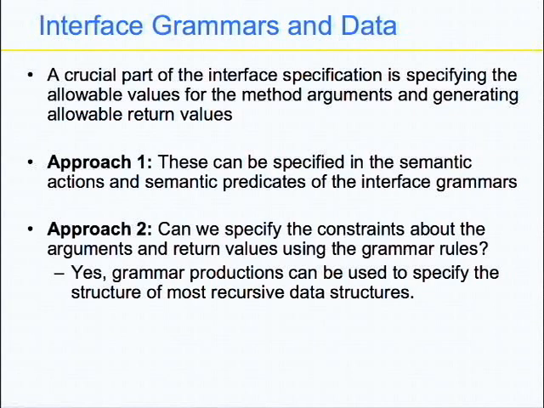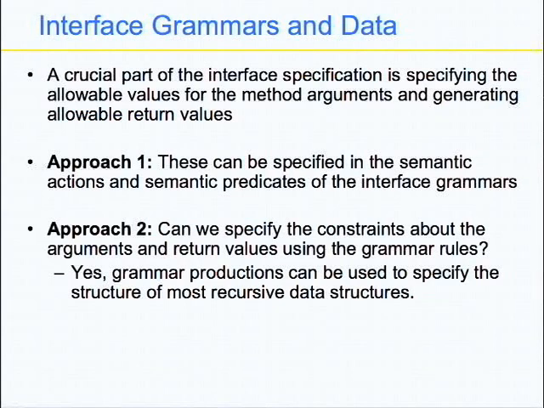Another part of this is something that I won't get into. You can throw all the data manipulation, all the issues about the arguments and data structures, to semantic actions and predicates, okay? So the control flow, the context-free syntax, doesn't show anything about the data structure, let's say. So that's one way of doing it: do all the data checking or data creation in semantic actions and predicates.